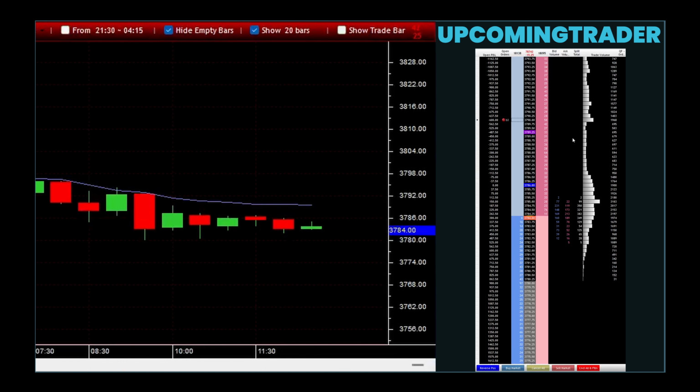The formation of the downside Tasuki Gap suggests that while there might be a brief pause in selling, the overall bearish sentiment remains strong. Thus, it acts as an alert for traders and investors, hinting at the potential for further declines in the market. Understanding the downside Tasuki Gap is essential for those analyzing market trends.